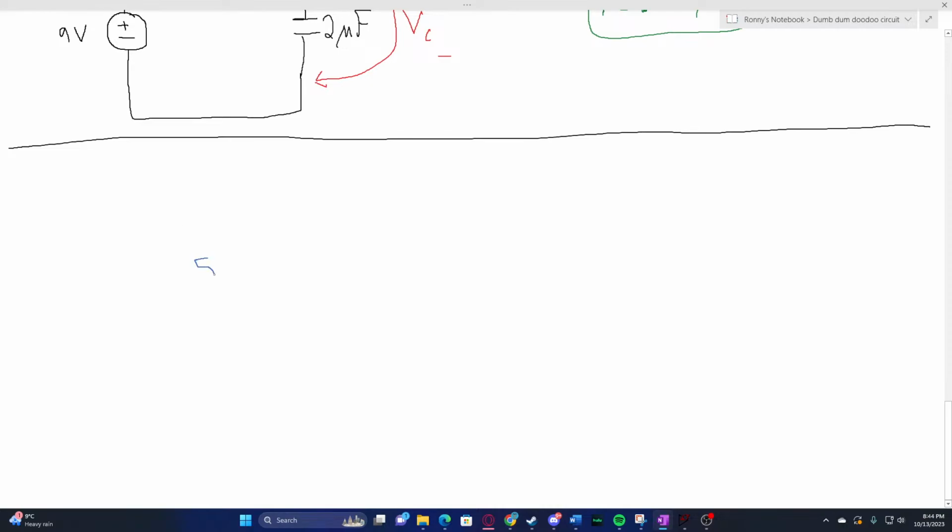For whatever reason, they say 5 volts equals some voltage times the ratio of that 49 point, what was it?